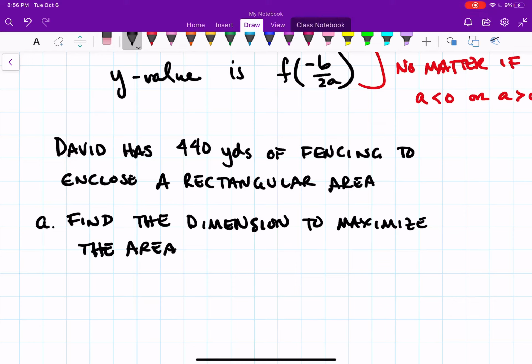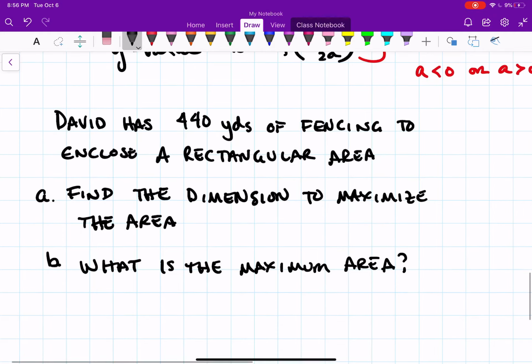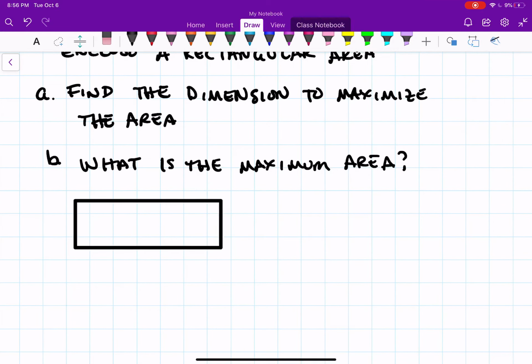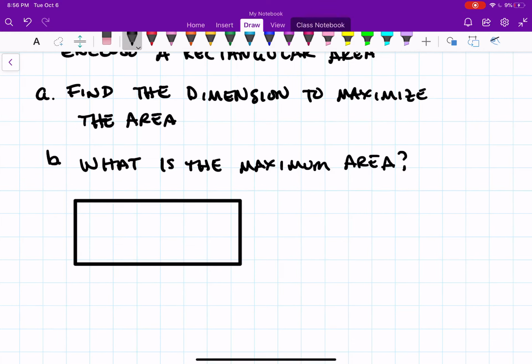So that's part A. Part B, it wants to know what is the maximum area. Okay? So first, there we go.